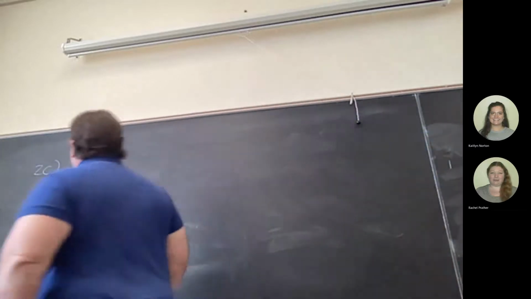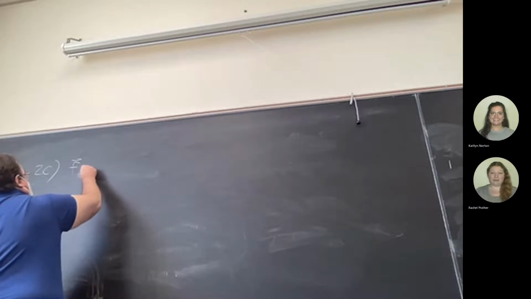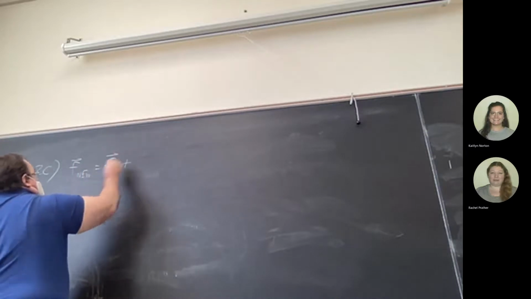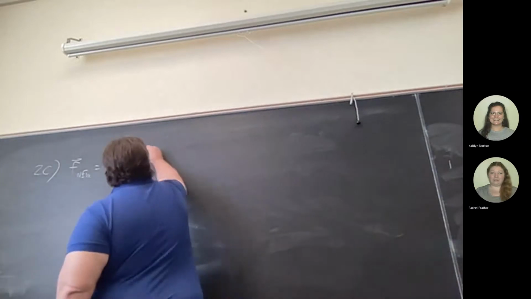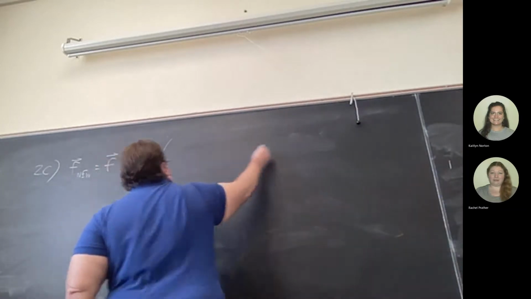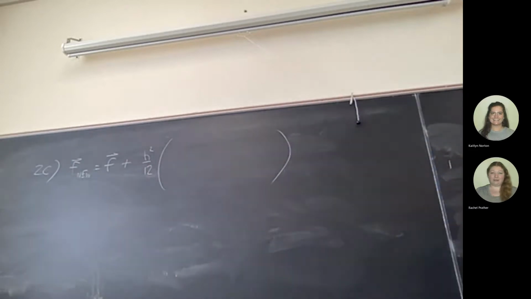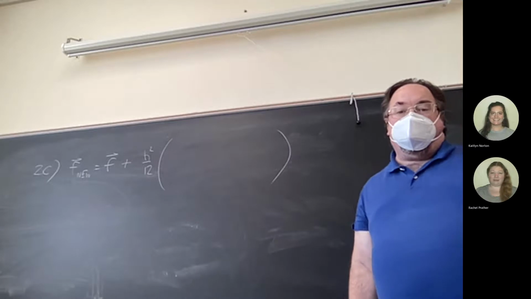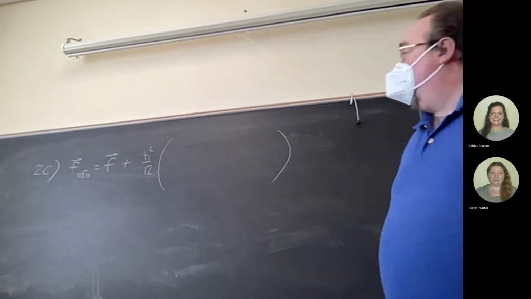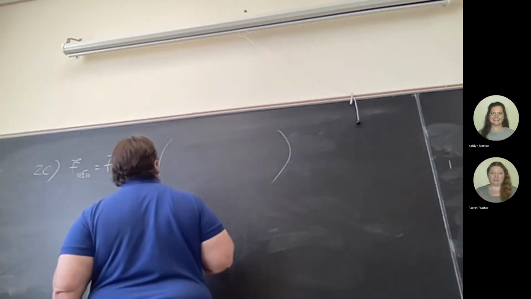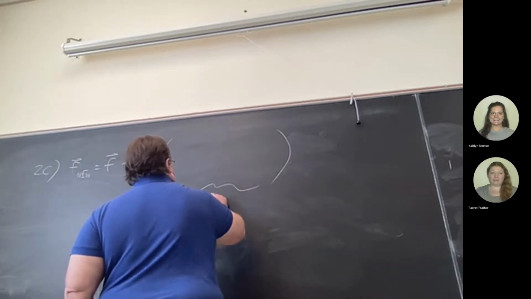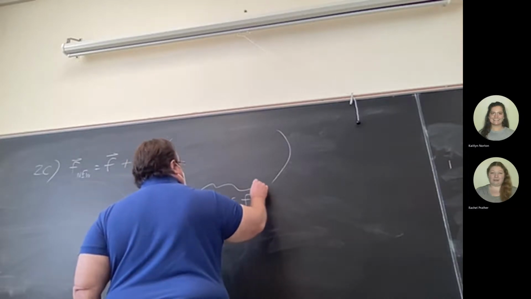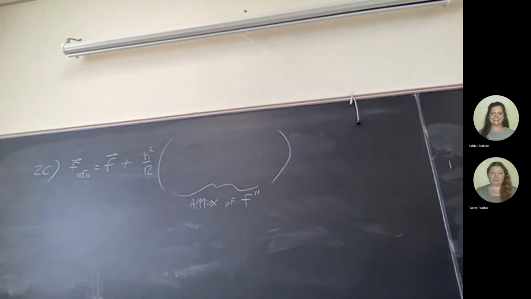I'll refer to the modified right-hand side as F new, which is equal to the original F. And then what's added on here is h squared over 12 times, and what goes in here is your approximation of the second derivative of F, using the center difference.